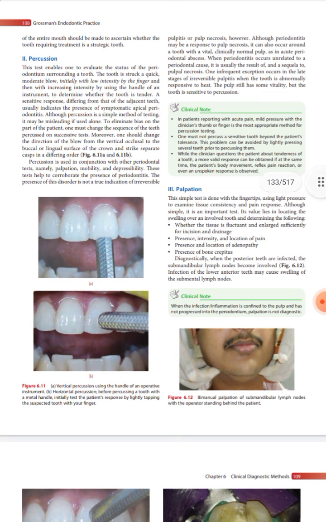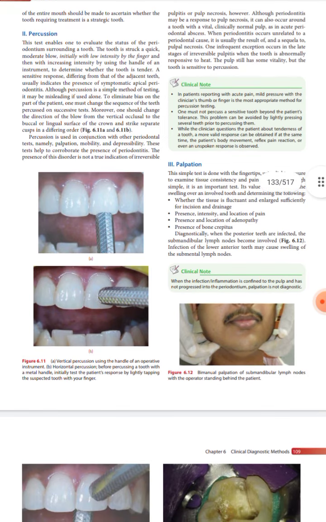Percussion. This test enables one to evaluate the status of the periodontium surrounding a tooth. The tooth is struck with a quick, moderate blow, initially with low intensity using a finger and then with increasing intensity using the handle of an instrument, to determine whether the tooth is tender.